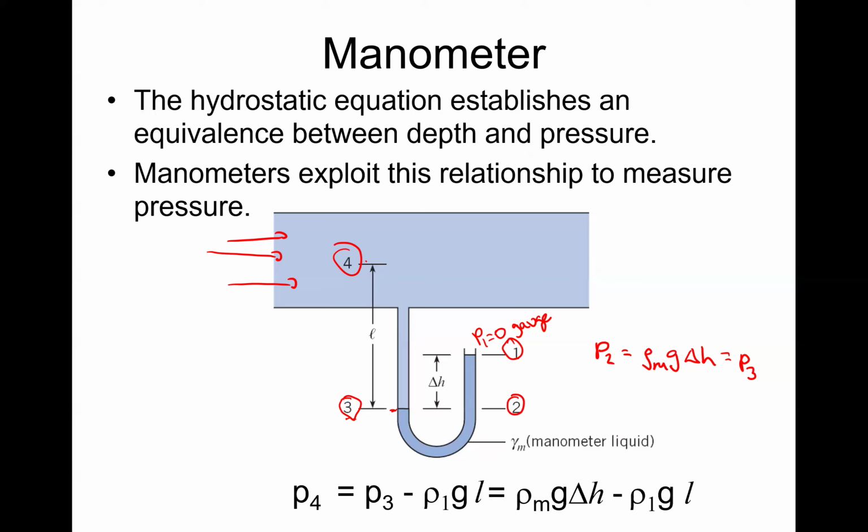And P3 was already defined here. So we're going to now say rho M G delta H minus rho 1 G L, just for the sake of having two different values of two different heights, delta H and L.